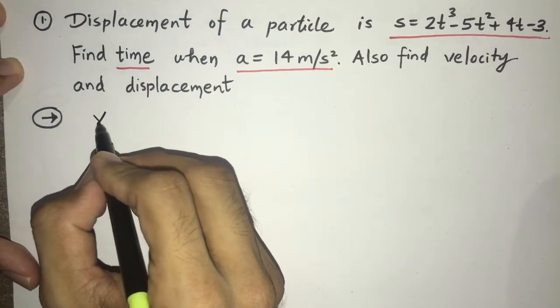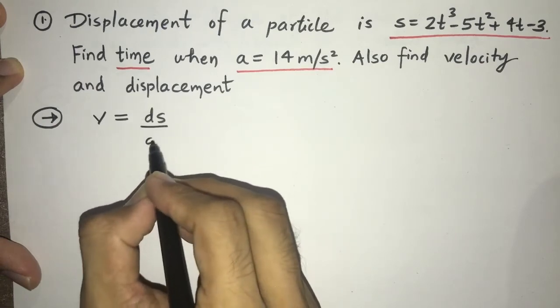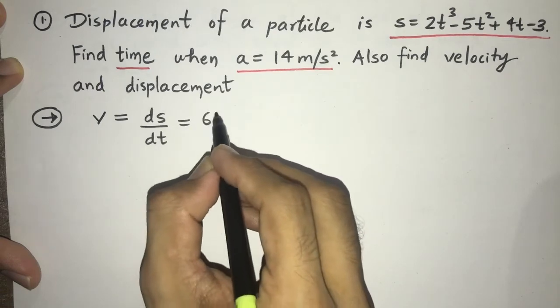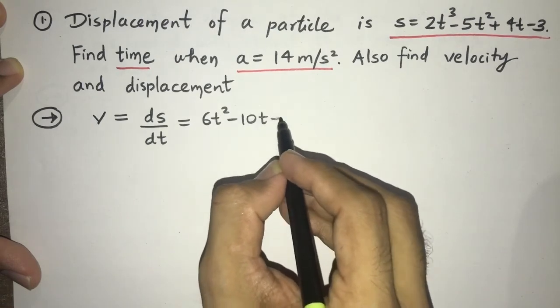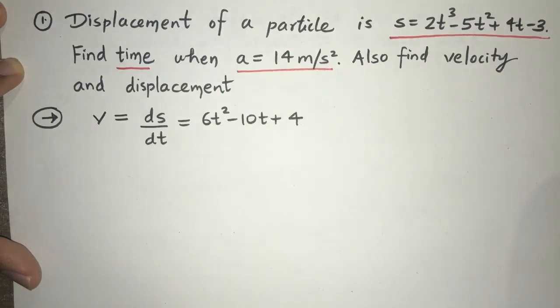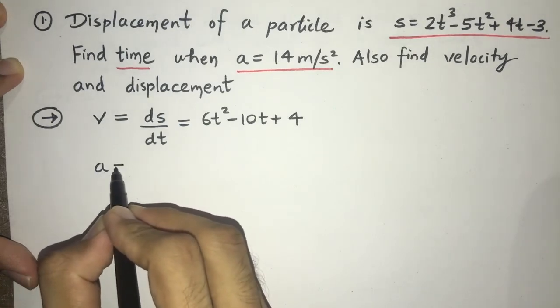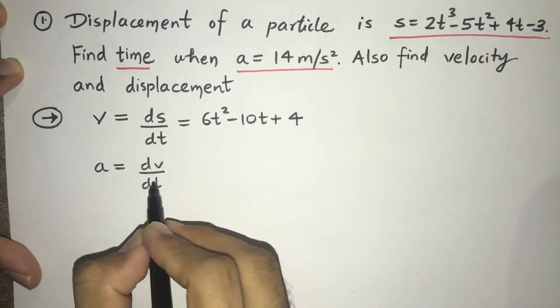We are going to find the change in displacement with respect to time. And you must also have done in physics that instantaneous velocity is ds by dt. So instantaneous velocity is 6t square minus 10t plus 4. Then we find acceleration. Acceleration is dv by dt, right?